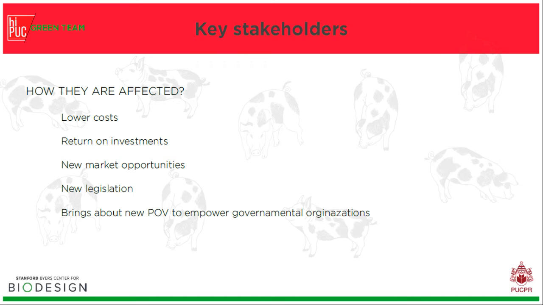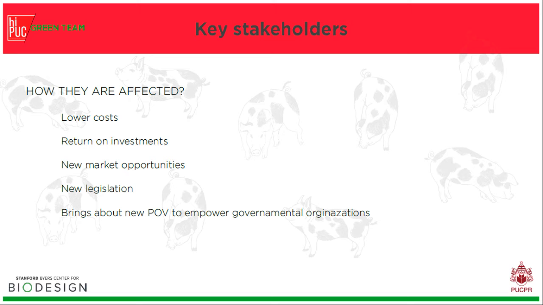So how are they affected? Well, we plan on having a solution that will provide lower costs and a return on investment. We plan to offer a new market opportunity, so to take the market that already exists and create a new market by giving them a new opportunity with our product.